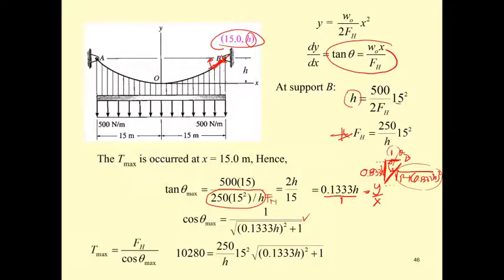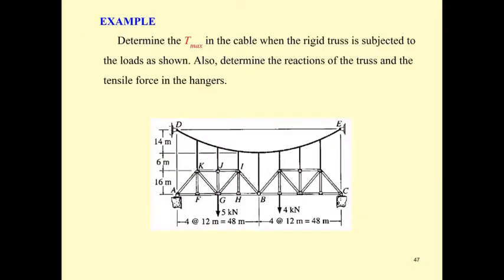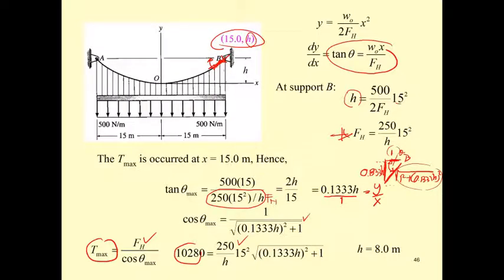By doing that, you have the theta max of this, and F sub h, you got the equation already. This is F sub h. When you divide it, you just use only this part times it, and then you solve for it for 8 meters. Okay, that is going to be the problem example number 3.